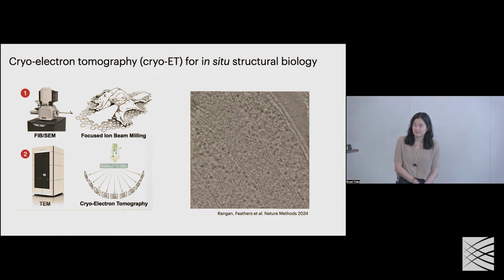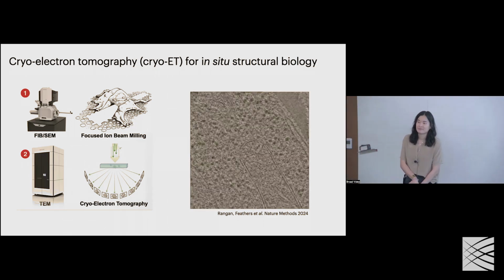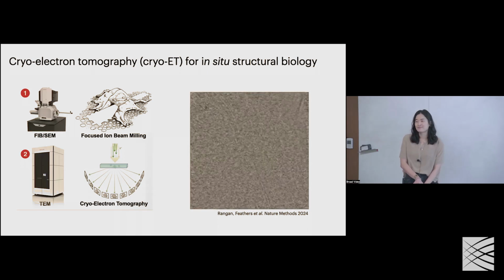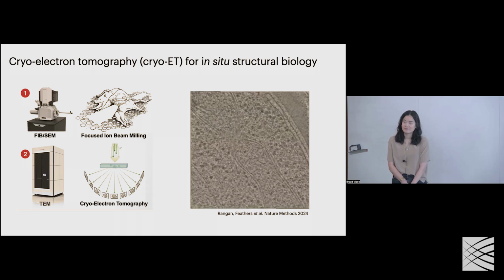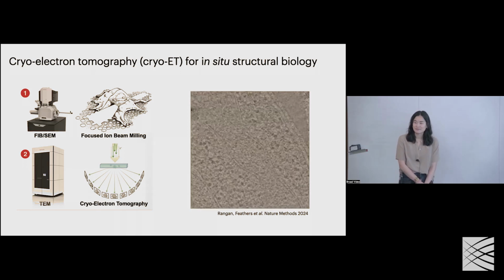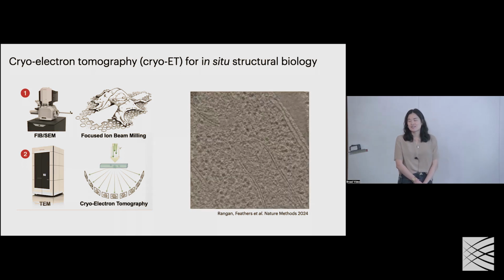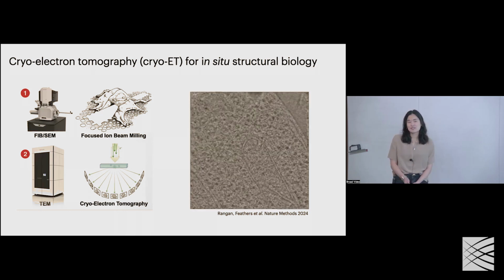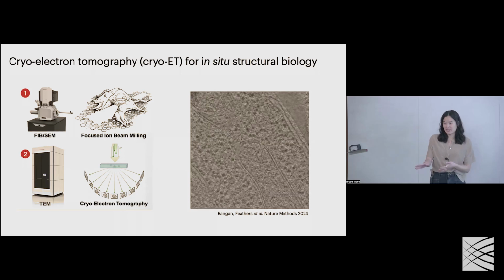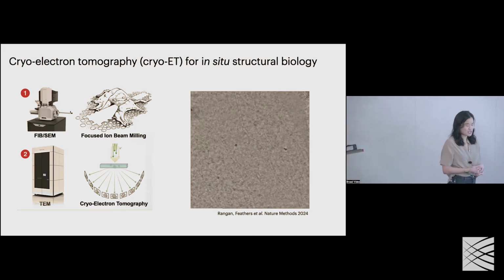Yep. So the ion beam milling is literally physically manipulating the cell. Is there any concern over that affecting the conformation that the proteins are in, or disassembling them? Yeah, so certainly. It's already frozen beforehand, but there are a lot of sample preparation considerations.